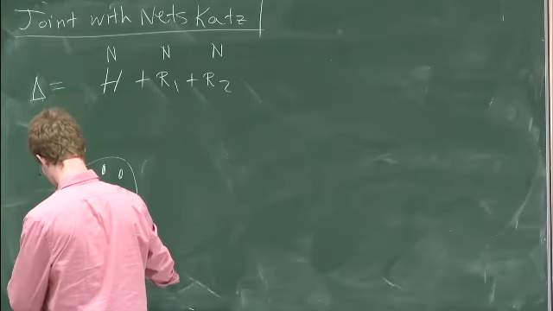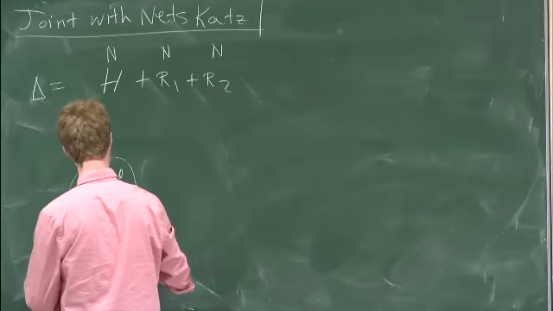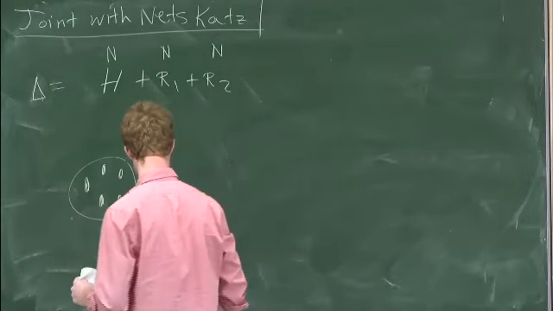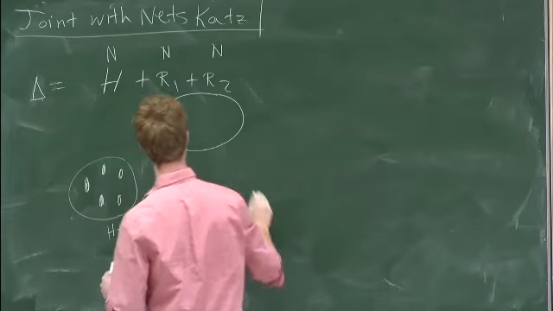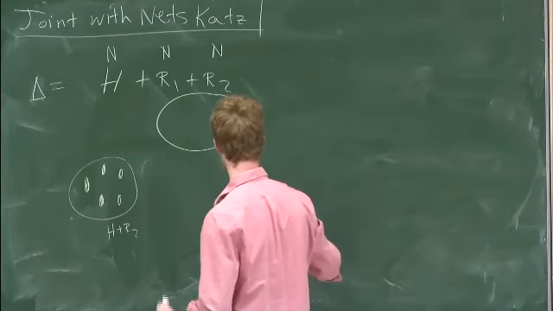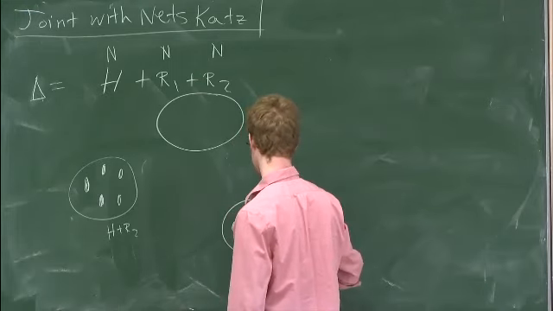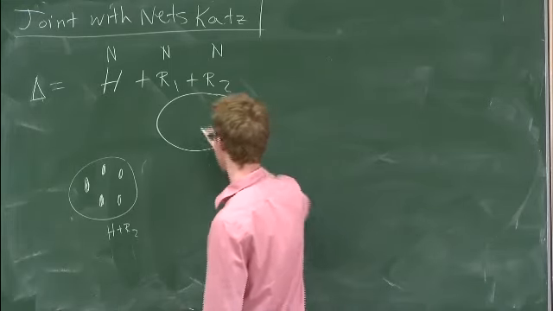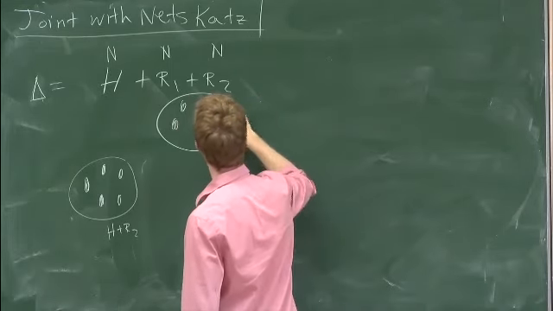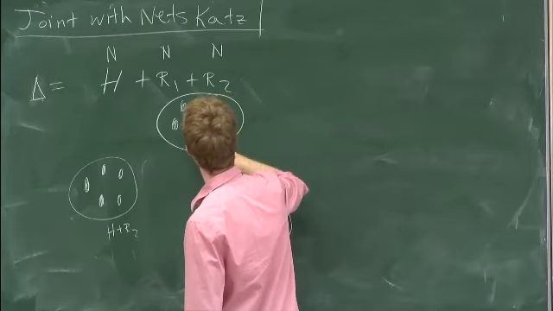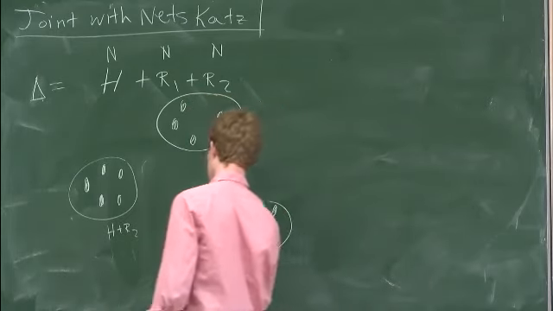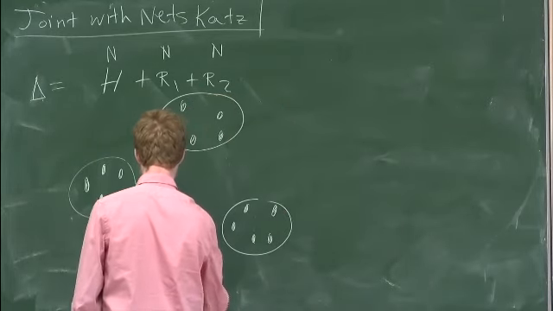This is an H plus, say, R2. But then I've got other copies because I'm translating around by R1 as well. So in this example, we can select alpha to be equal to 1.